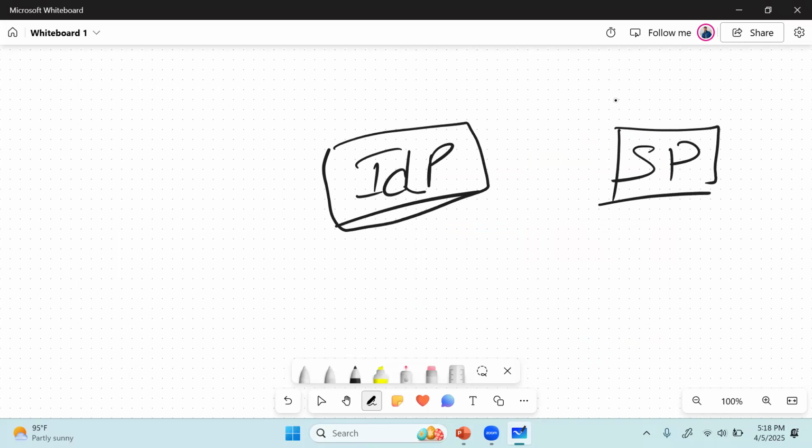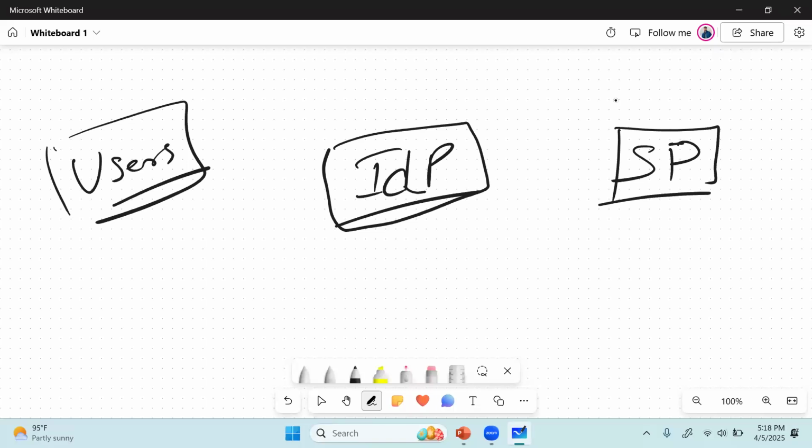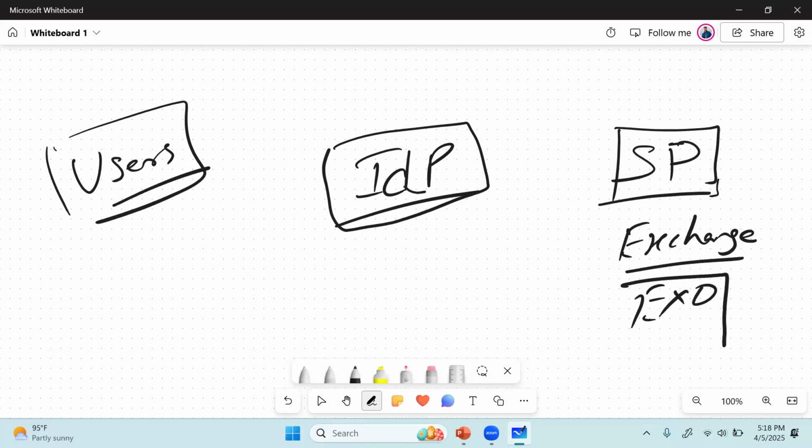And then we have users or employees who want to access the services from the service provider. When I talk about a service provider, for example, assume you have Exchange services, maybe Exchange on premises or Exchange Online. Any server which is hosting these services would become a service provider. It could be anything, a Teams server or any other application you want to access. I'm just taking Exchange as an example.